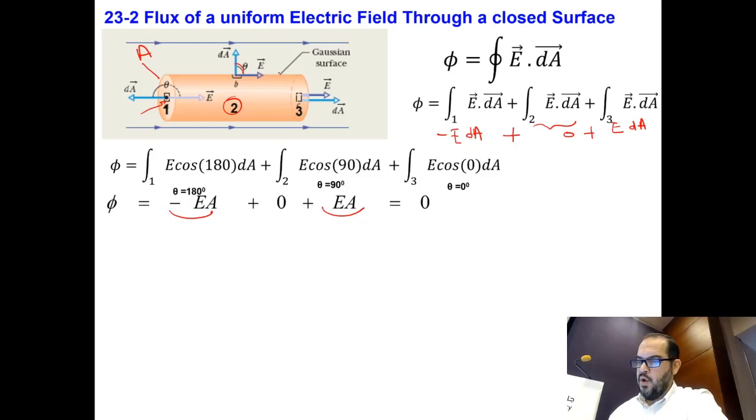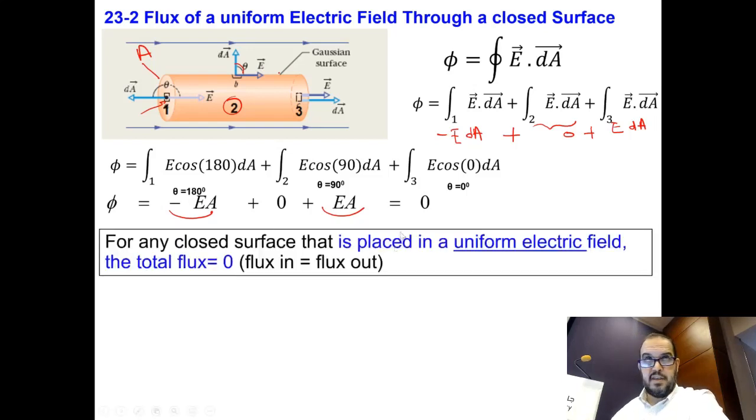And actually, we can generalize this, and you can take it as a rule for any closed surface that is placed in a uniform electric field. The total flux will be 0. You can verify the electric field lines moving in are cancelled with the electric field lines moving out.